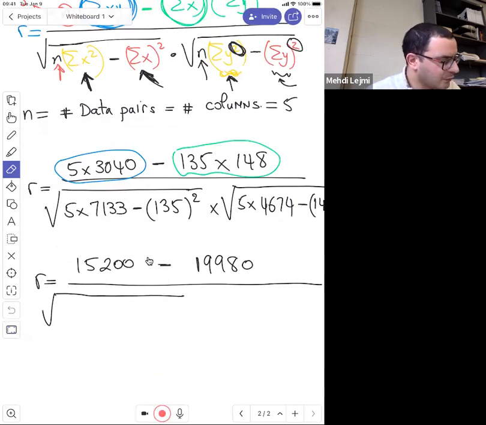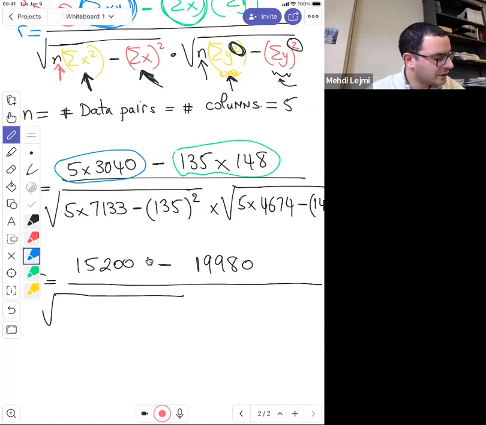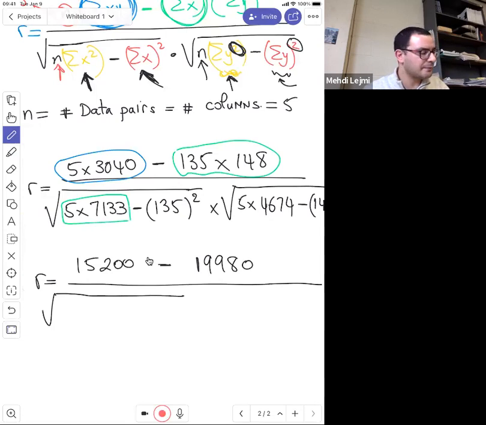So first we need to do the multiplication here under the square root. There are two numbers here. You see this 5 times 7,133, right? So we need to multiply 7,133 by 5, okay?